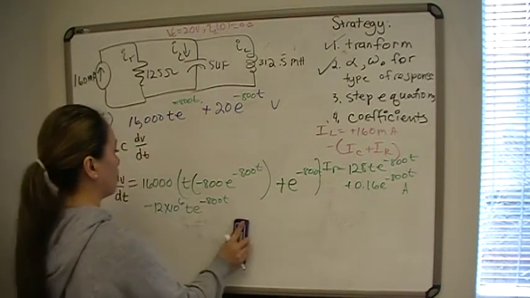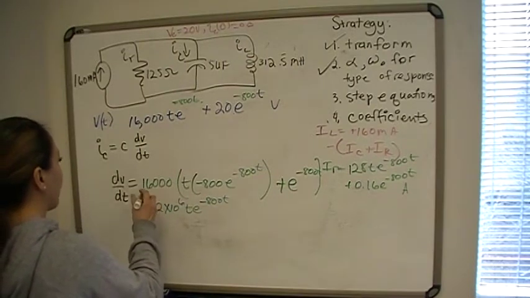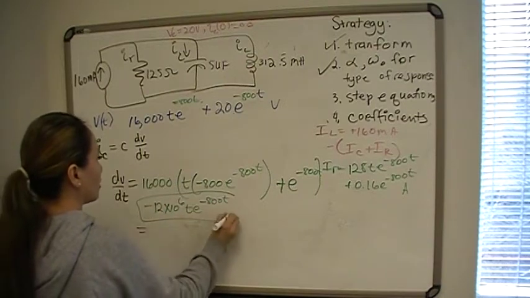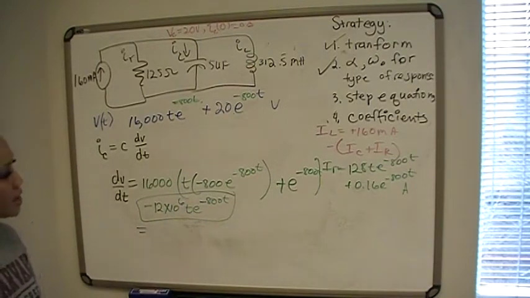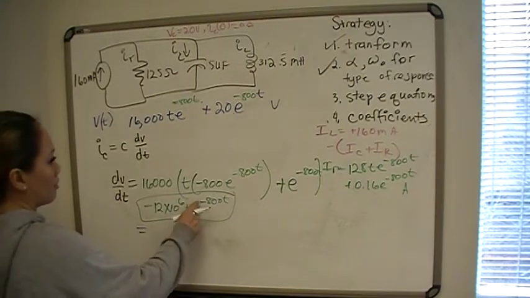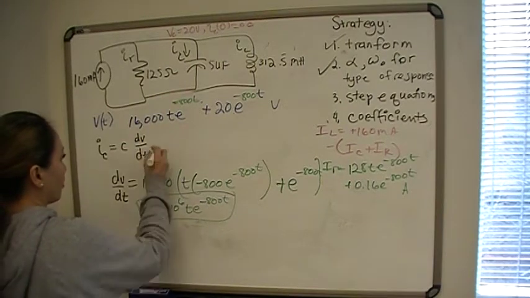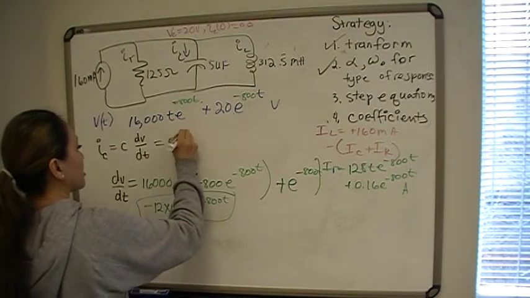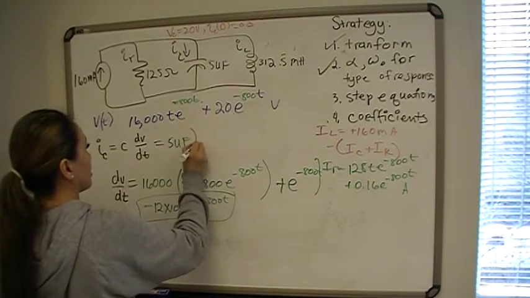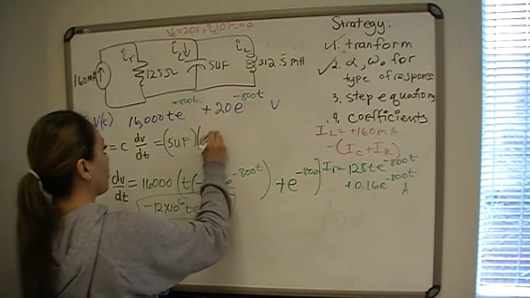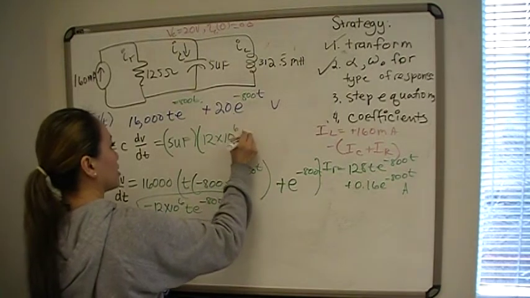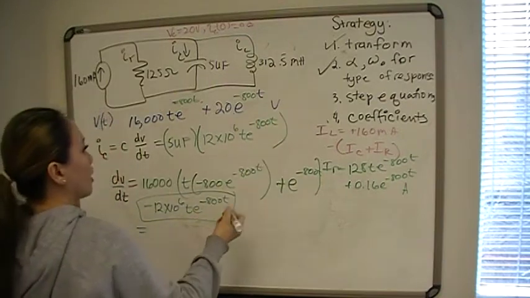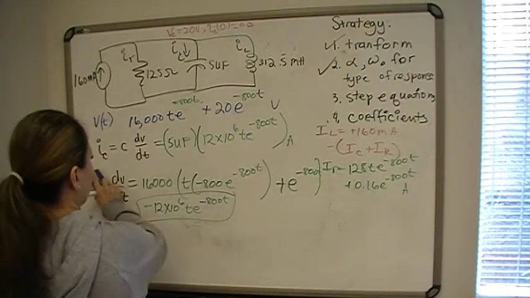So we have then dV dt is simply this value here, negative 12 times 10 to the 6th te to the negative 800t. So let's put that in here. We have 5 microfarads times 12 times 10 to the 6th te to the minus 800t. Amps is the unit.